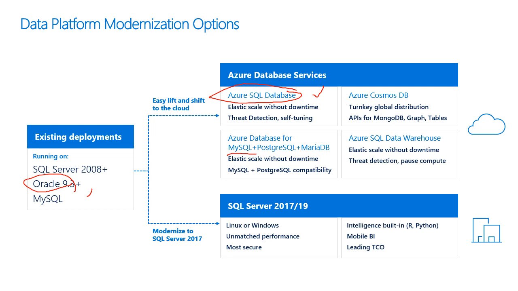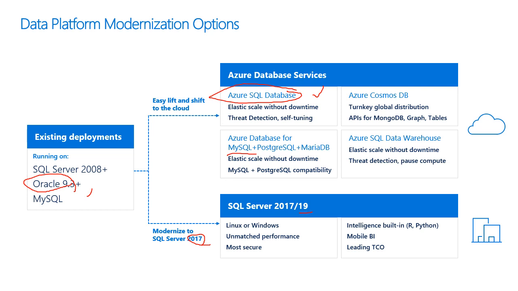For Azure Cosmos DB, if you are using, say for example, MongoDB on-prem, and you want to migrate that to Azure Cosmos DB, you can do that. If you want to remain on-premise, you can modernize to SQL Server 2017 or SQL Server 2019 once it comes out. You can run this on Linux or Windows Server. We've started supporting Linux since SQL Server 2016.